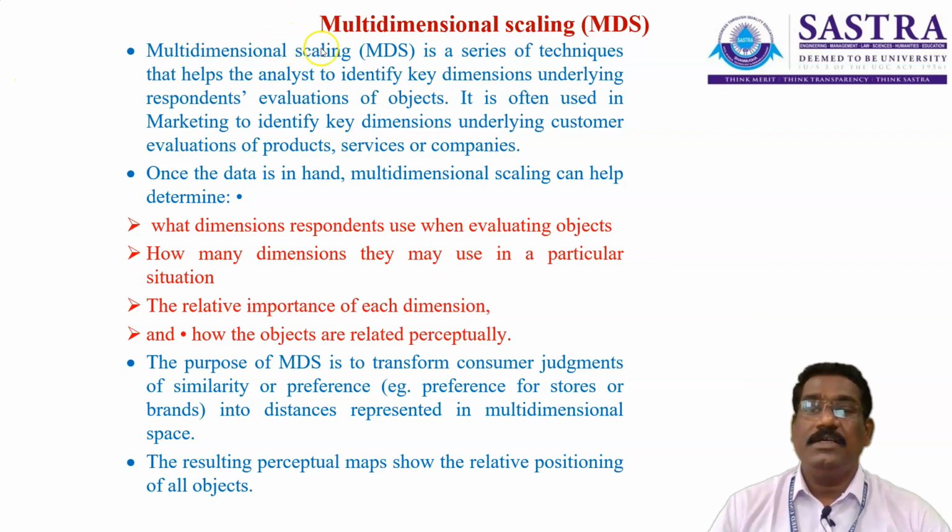If you look here, multidimensional scaling is a series of techniques that helps the analyst to identify key dimensions underlying respondents' evaluation of objects. Suppose when I make a purchase, my preference will be different. When you make a purchase, your preference will be different.